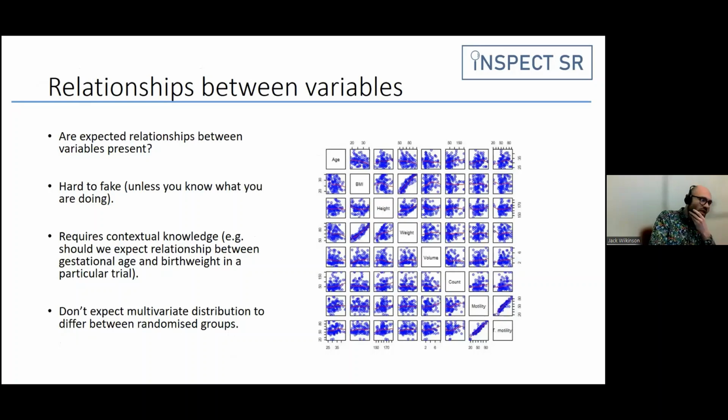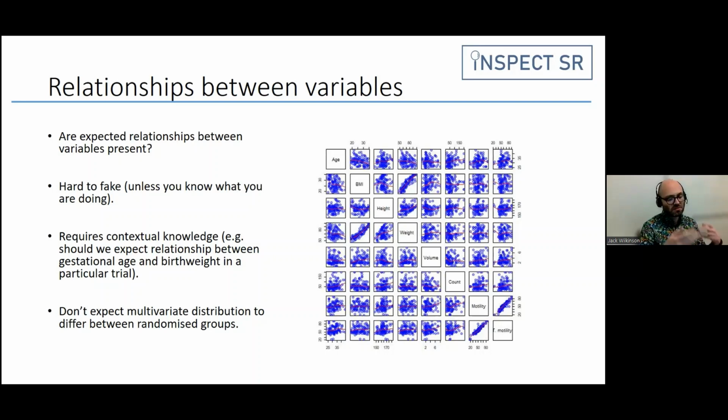Another thing we often look at is the relationships between the variables in the data set. Are the expected relationships between variables present? This can actually be quite hard to fake unless you know what you're doing, to get the relationships between lots and lots of variables correct. But importantly, it requires contextual knowledge. In this particular study, should we expect a relationship between the gestational age and birth weight?